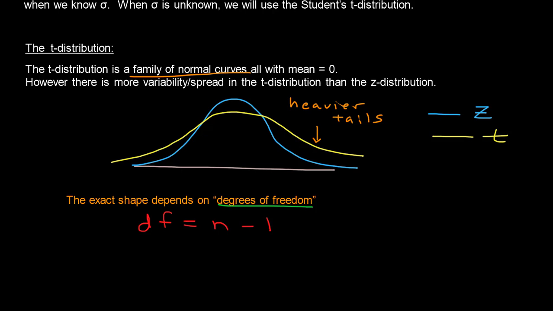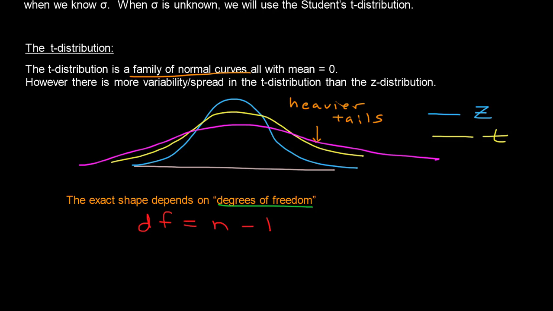So there are different t-distributions, and I could even draw another one onto this image that maybe has even wider or heavier tails. Since there's more area in the tail, it's got to make up for it by coming down shorter in the center. And that one's very flat looking, but I hope you get the picture there.